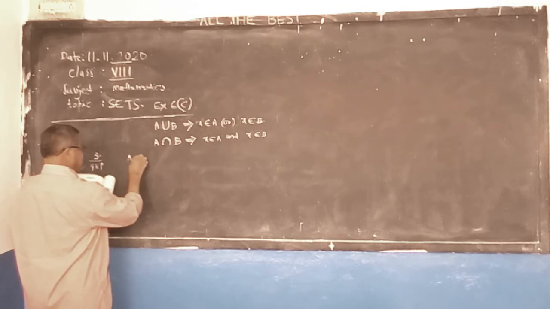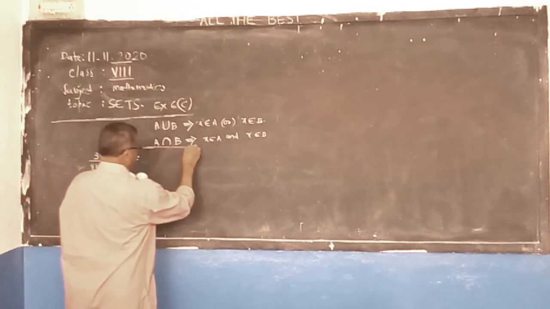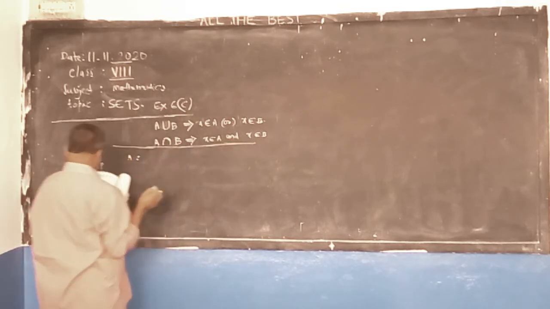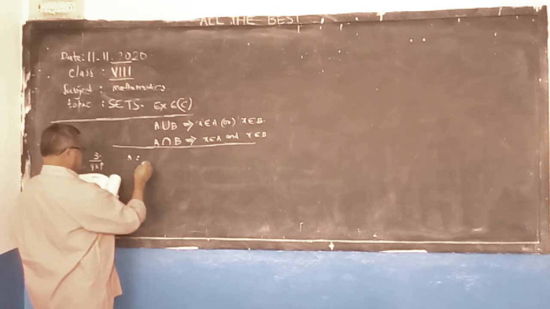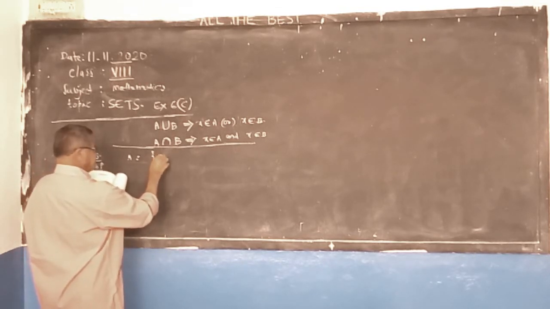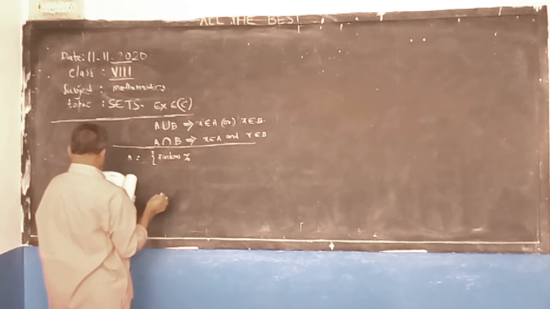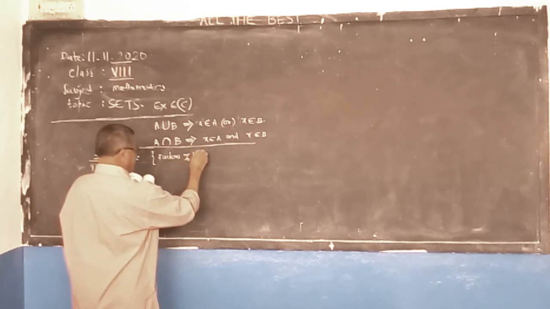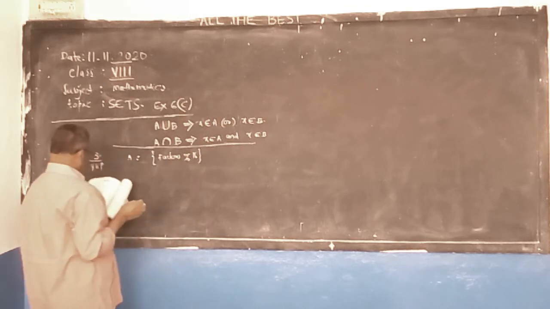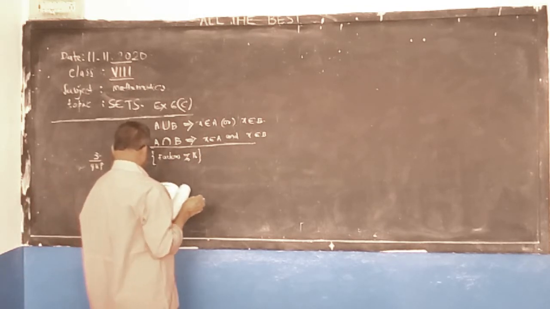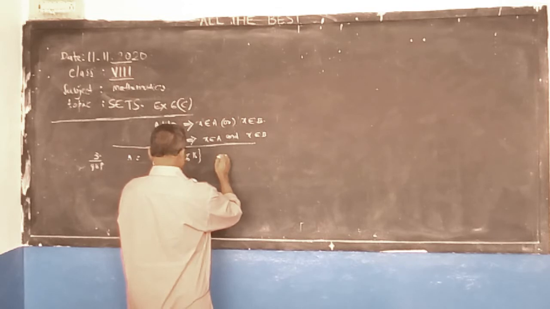Set A is given: factors of 16. Set B is given: factors of 24.